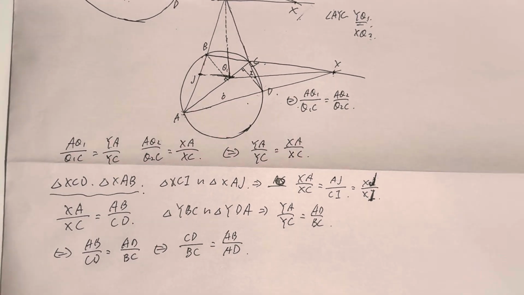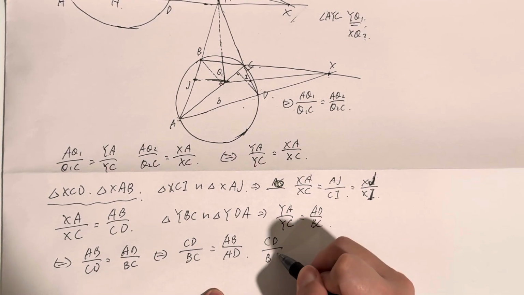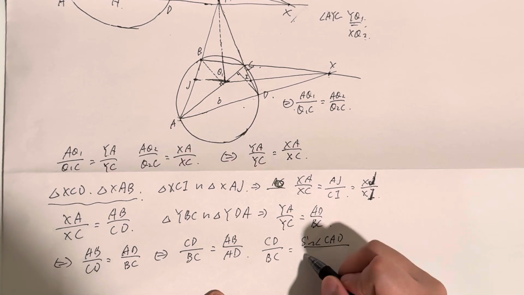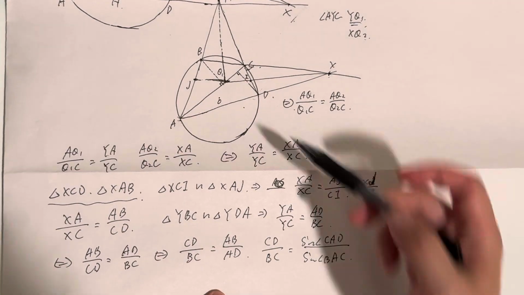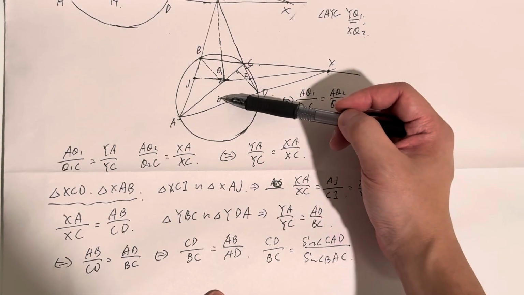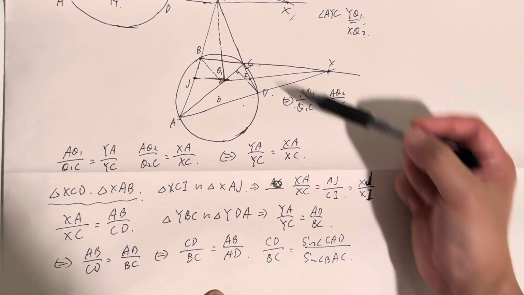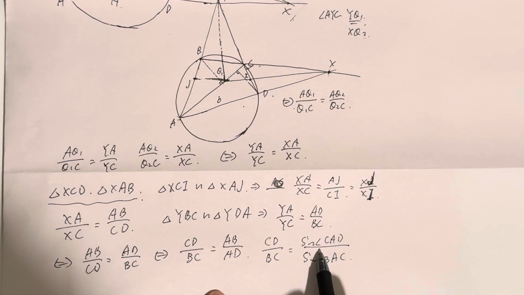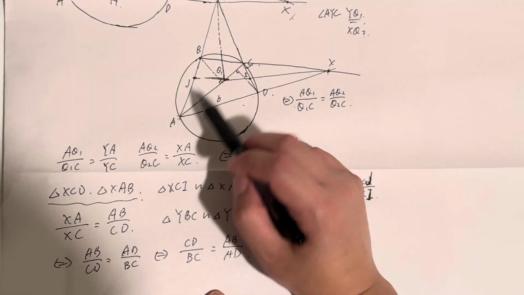Right? And what is CD to BC? CD to BC equals sine angle CAD to sine angle BAC, right? Because ABCD is a cyclic quadrilateral, they are all on the circle O. So each chord can be calculated, like CD can be calculated as 2r times the sine of angle CAD. And BC can be calculated as 2r times the sine of angle BAC, right?